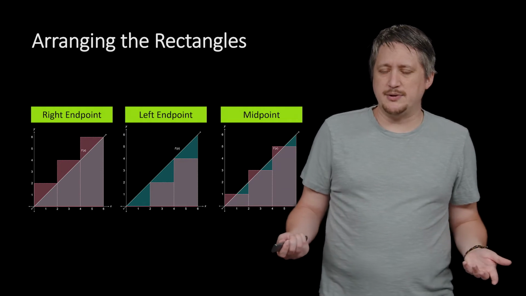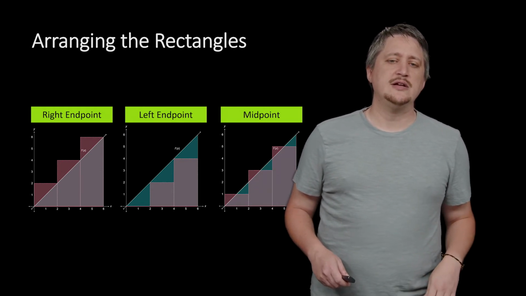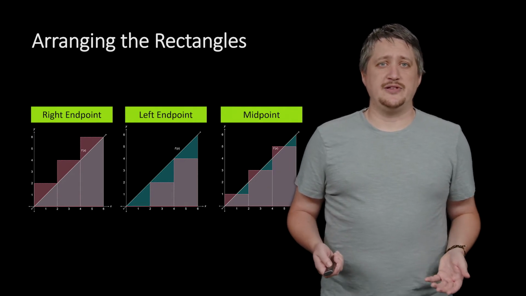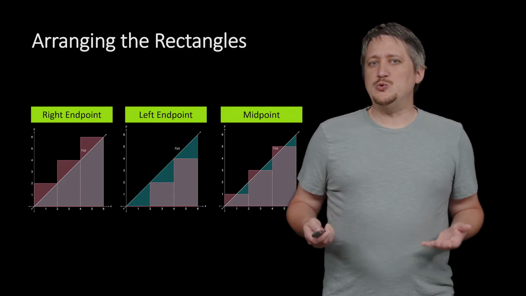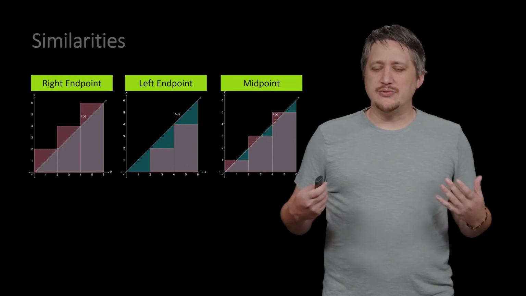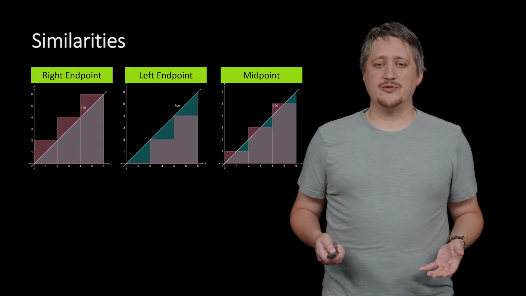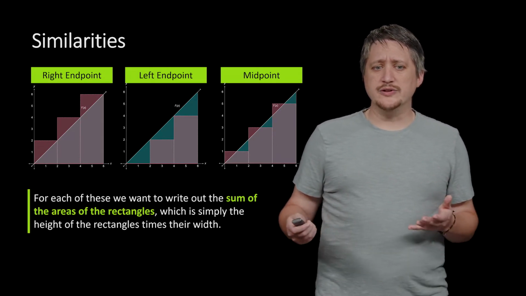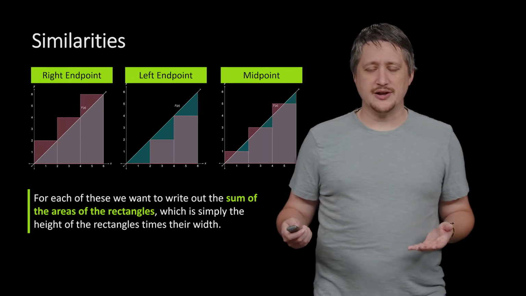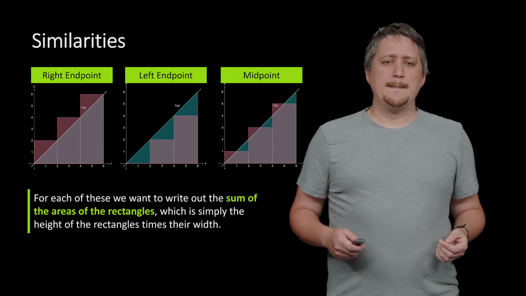Okay, so we've talked about how many rectangles. We basically picked a number out of a hat. We're just going with 3 for right now for the sake of concrete values. We talked about the arrangement of these things, but what to do with them? There are some similarities between these. For each of these, remember our goal is to write out the sum of the areas of these rectangles, which means ultimately we need to know what those areas are.